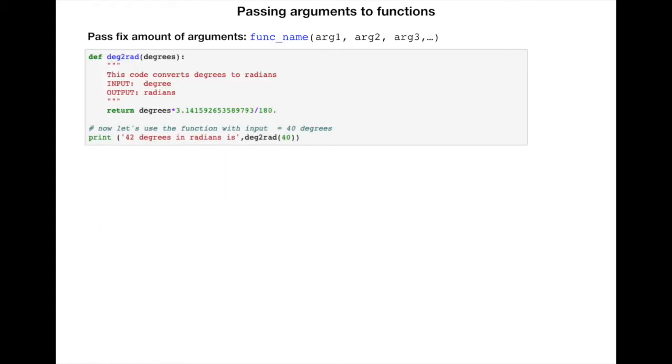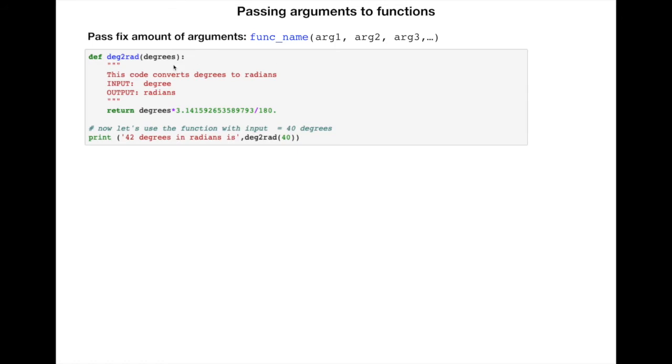Now let's pay more attention to how you pass arguments to functions. Passing arguments to functions basically means you give input values to a function for calculations, right? The most basic way to pass arguments to a function is to pass a fixed number of arguments. For example, in a function with arg1, arg2, arg3, and whatever you defined, you just pass exactly the same number of arguments to the function as it's defined.